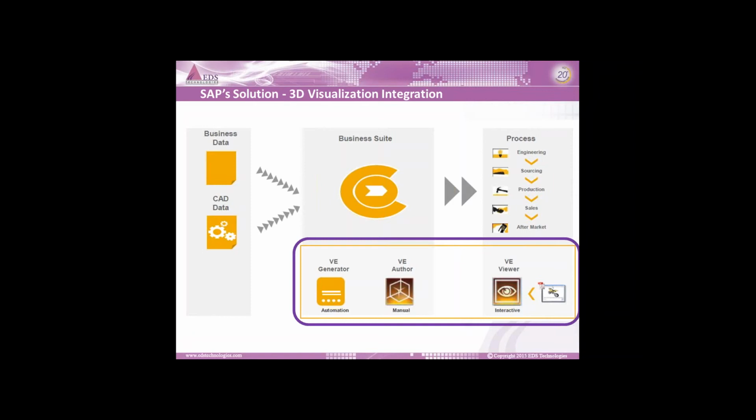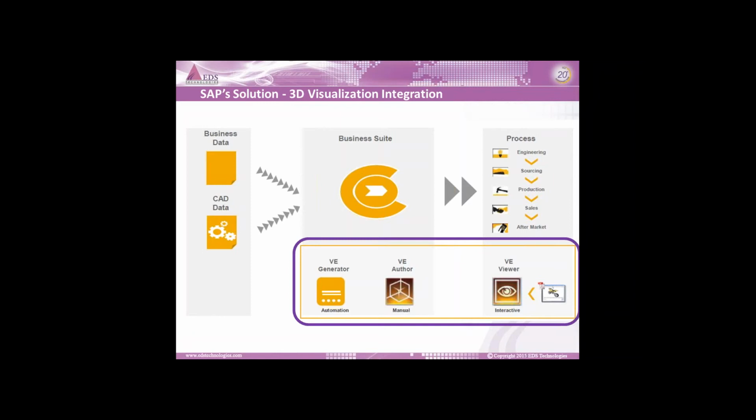So as you see on the left-hand corner, you see the business data and the engineering data, both coming into your ERP environment. When I say the ERP environment, I mean the complete SAP business suite, through which all this data has to be made available to the other business functions. It could be your sourcing, production, sales, aftermarket, or engineering, or your suppliers, vendors, and so on and so forth.